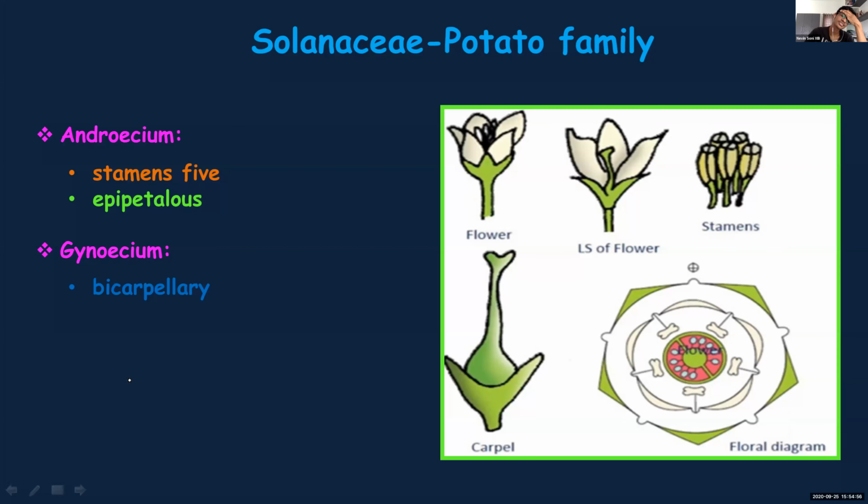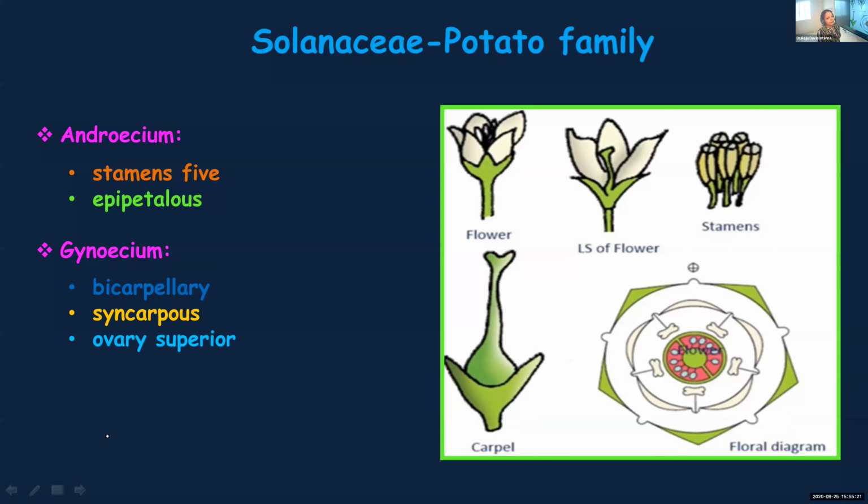Gynoecium. Bicarpellary means what? They have 2 carpels. Okay, good. Syncarpous means what? 2 carpels are there and those 2 carpels are fused together. Then superior ovary. What type of flower? Ovary superior means the flower is what type?